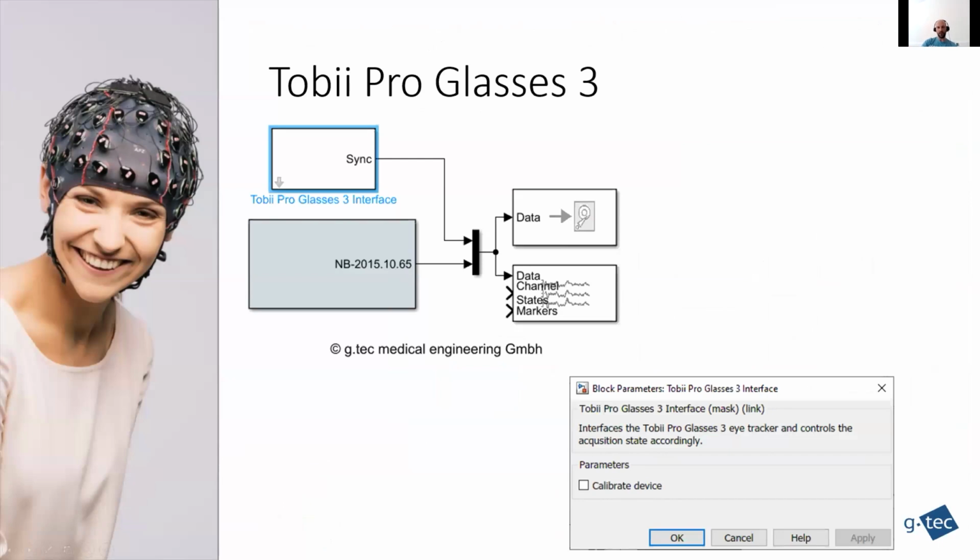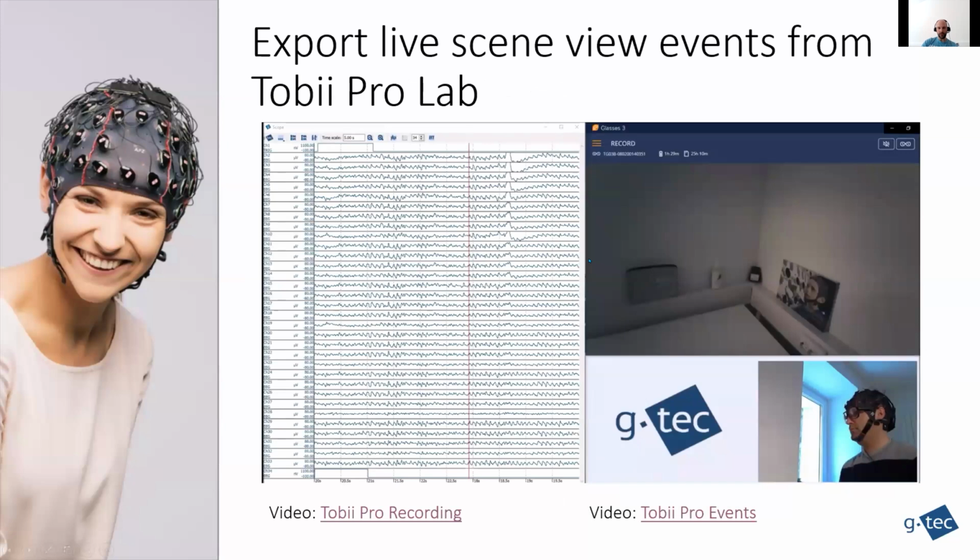You have the SD card, and everything is recorded to the SD card. You just get here the software synchronization output that you can store along with your EEG data. The whole synchronization process is done afterwards in the Tobii Pro Lab, which will be shown in the next slide.